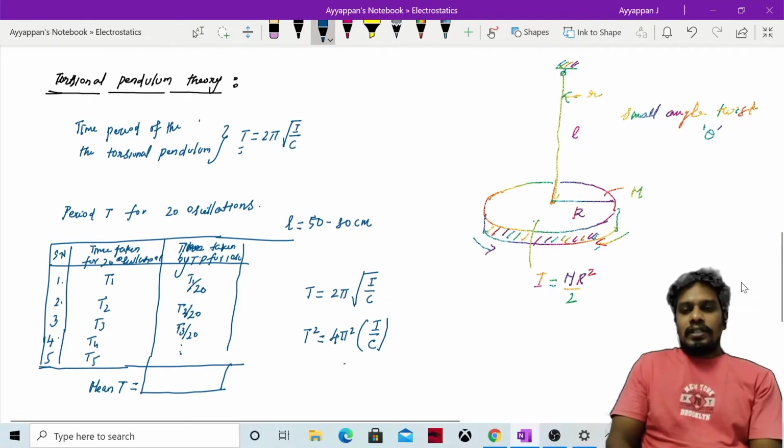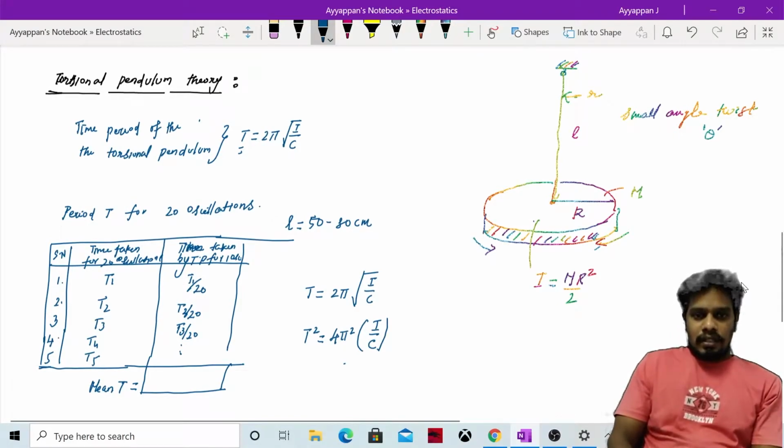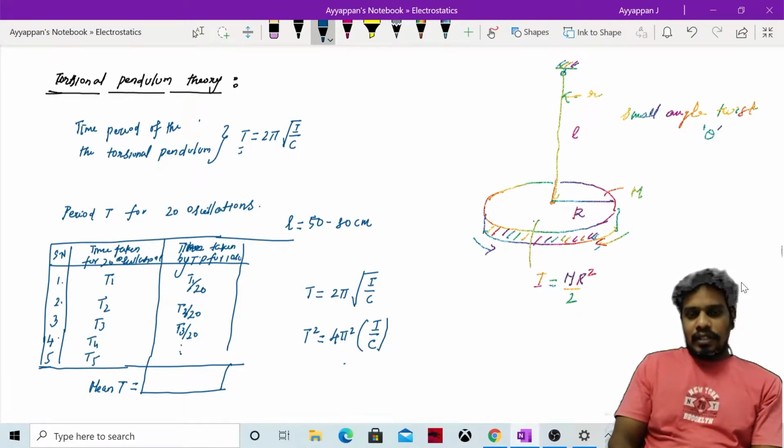Now you can substitute the couple per unit twist in this equation. The couple per unit twist is equal to the rigidity modulus times pi times r to the power 4, the radius of the wire to the power 4, divided by 2 times the length of the wire.